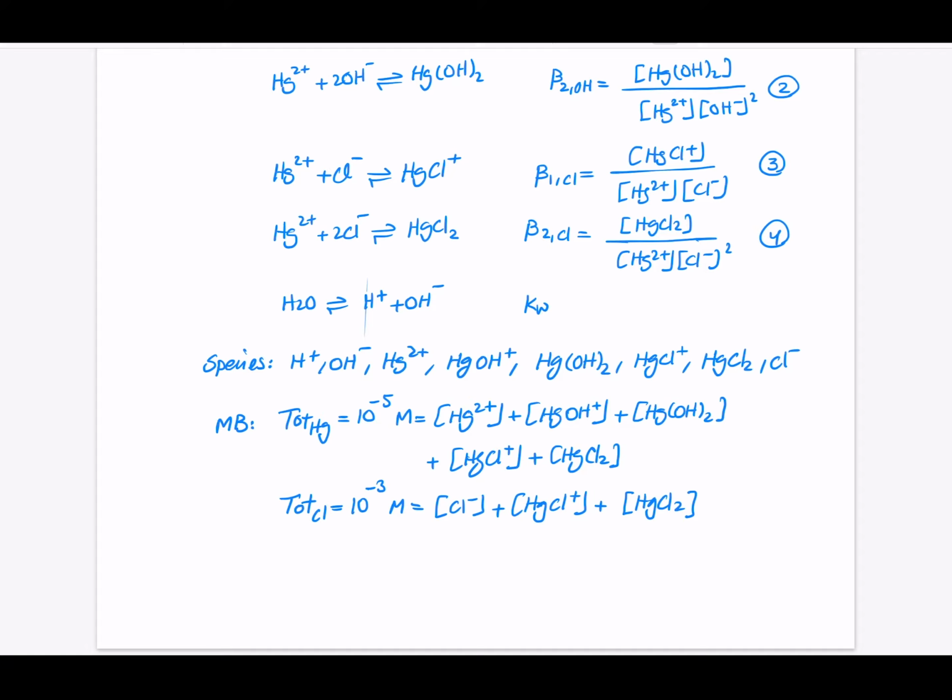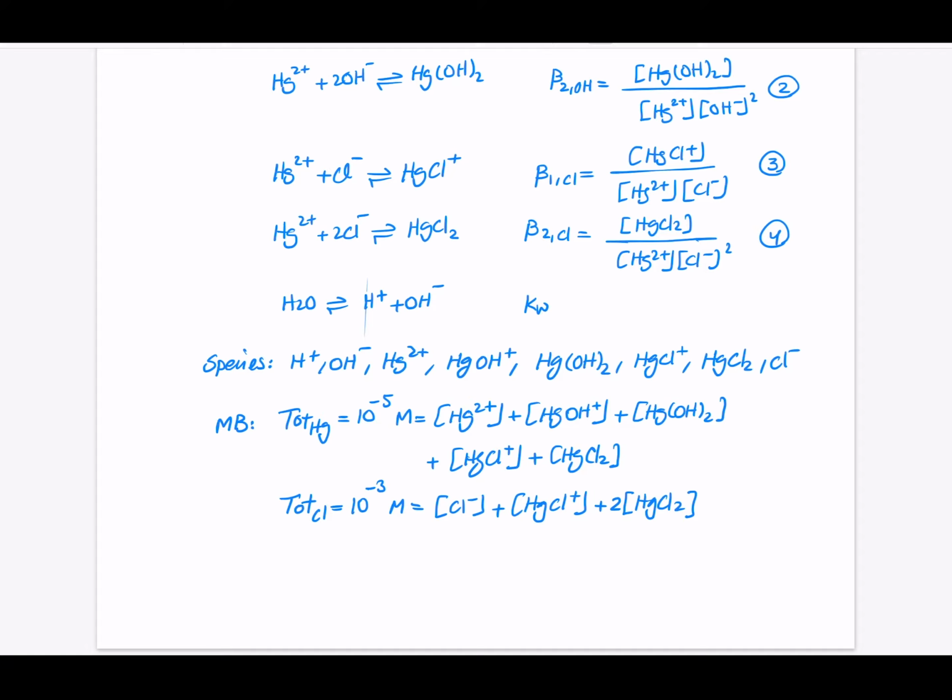So whatever concentration of HgCl2 I have, 2 times of that has the contribution on the mass balance of Cl. So again, it depends on what kind of mass balance we're talking about. Here is the Cl mass balance, so we only care about the Cl part of the molecule, which in this case is 2. So now we have the two mass balances also for equilibrium.